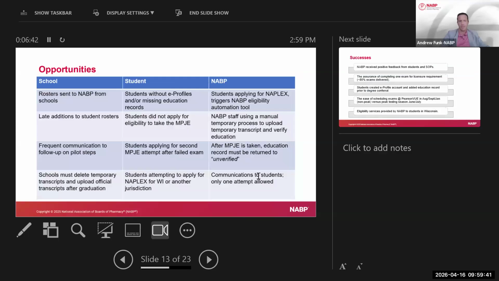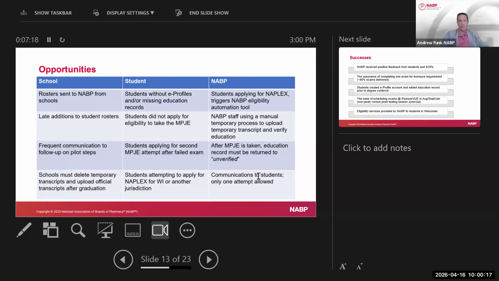These are some opportunities we saw, and we've certainly worked through these with both the state of Wisconsin and North Dakota. To summarize this entire chart, it's really important that there is communication between NEVP and the colleges and the students, making sure that everyone is aware of what's needed, such as the profile account, the application process, the authorization to test, and so on and so forth.